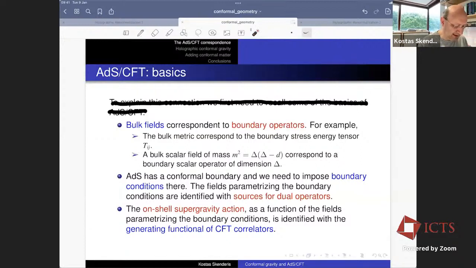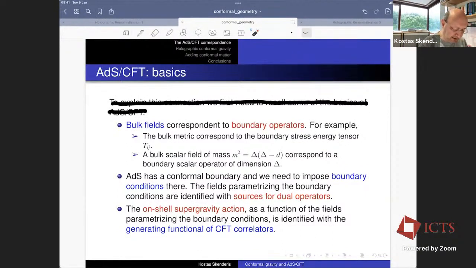As we discussed yesterday, in ADS-CFT, we relate bulk and boundary, and bulk fields correspond to boundary operators. In particular, the energy momentum tensor corresponds to the boundary metric. If you have scalar fields with certain mass, that corresponds to scalar operators of corresponding dimension. Now, ADS-CFT has a conformal boundary, and this means that we need to impose boundary conditions there.